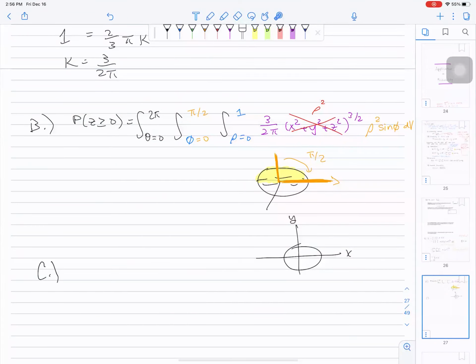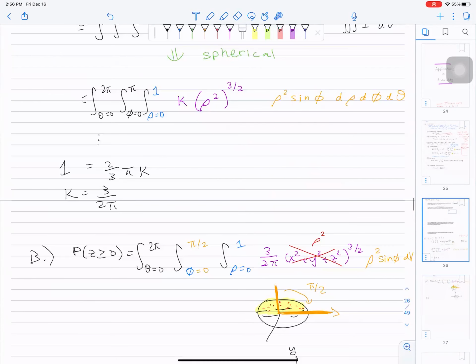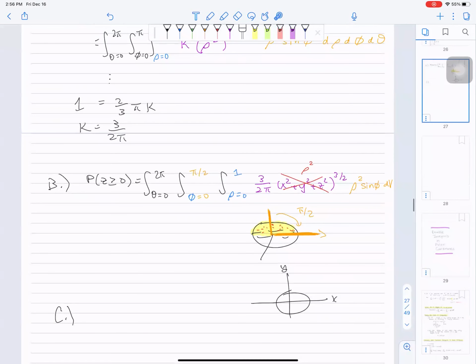Well, what is it trying to find? It's trying to find the probability that z is greater than or equal to 0, which means finding the probability that we're going to be in the top half of my sphere. And we can look at what our integrand is. It's just my density in here.